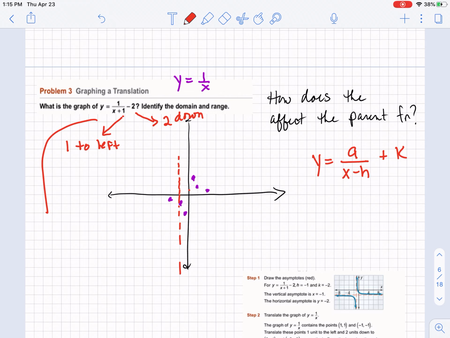And my horizontal asymptote, if I shift down 2, is going to shift down 2. And I'm just going to make my graph look like this. See that? And then I'm going to go 0, and go like that and that. That's my graph.